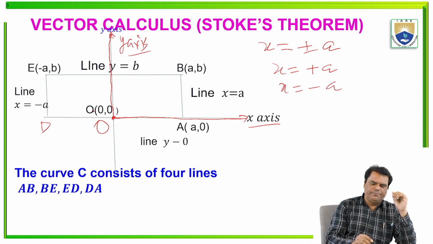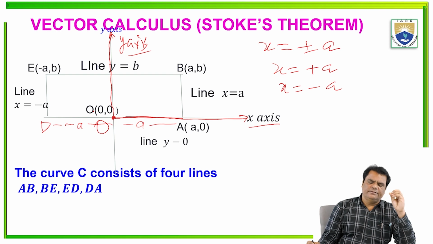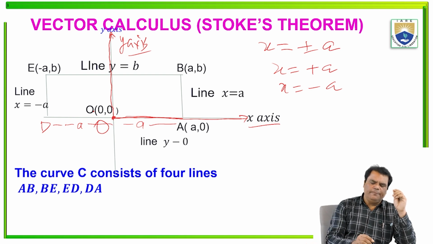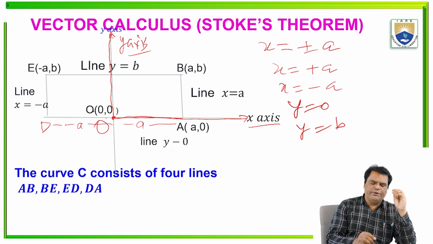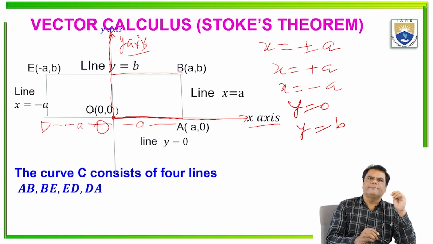So this is 0, this is plus a, and this is minus a. And y equal to 0, and y equal to b. So y equal to 0 is this, and y equal to b is this.